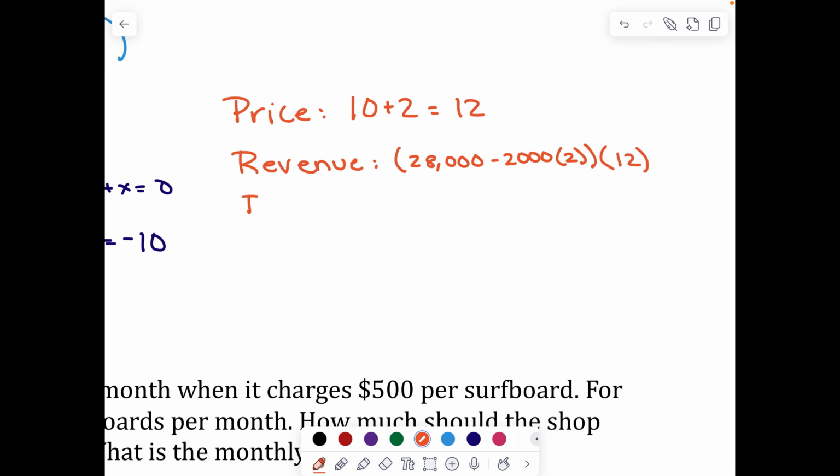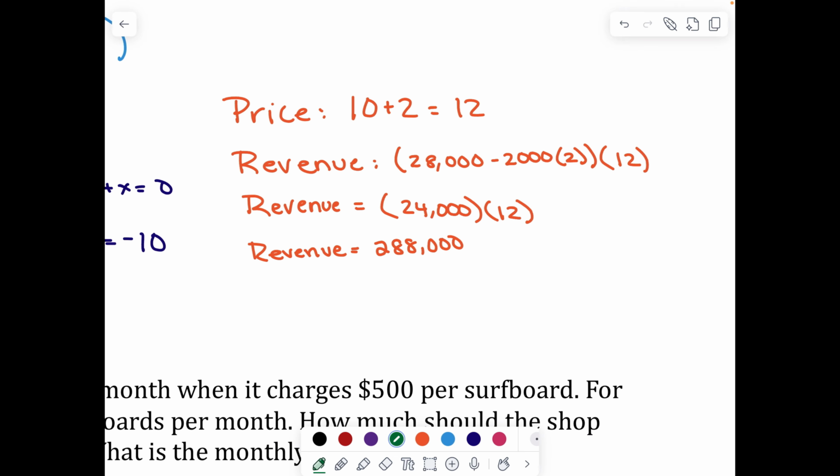All right, so we'll have revenue is equal to 2,000 times 2 is 4,000. 28,000 minus 4,000 is 24,000, times 12. So our revenue is equal to $288,000.